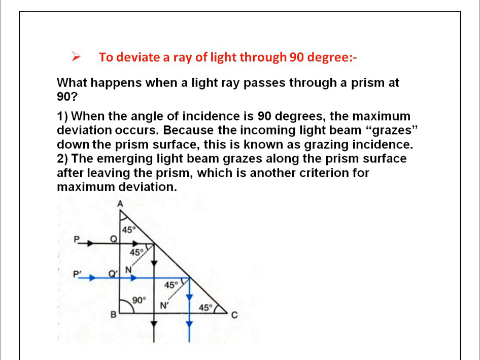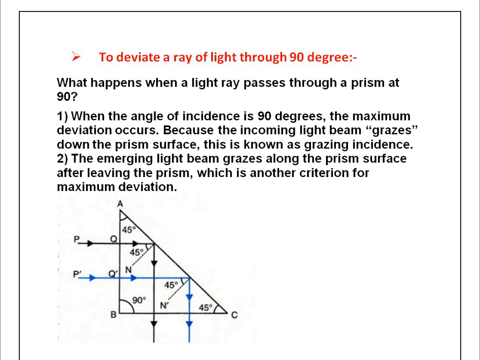ABC is a total reflecting prism or right angle prism. A beam of light is incident normally at the surface AB, and it passes undeviated into the prism and strikes the surface AC at an angle of incidence equal to 45 degrees.